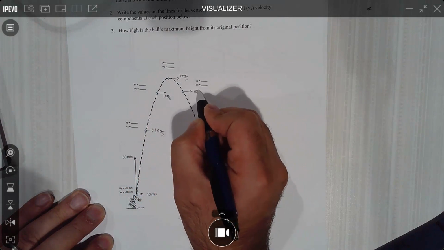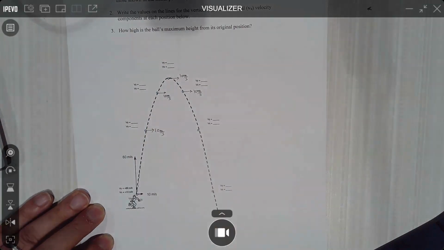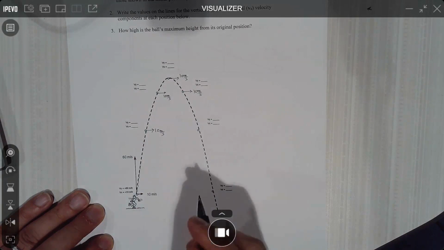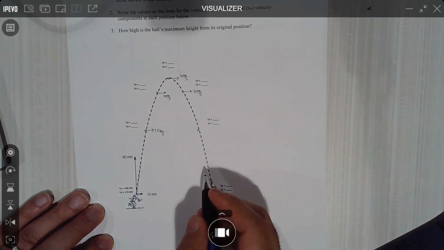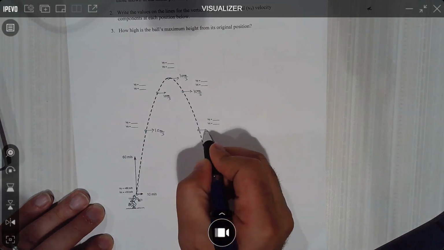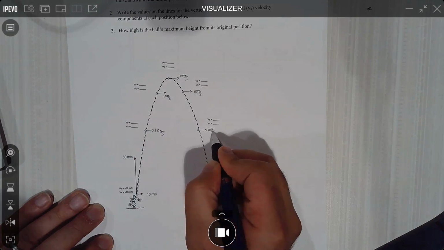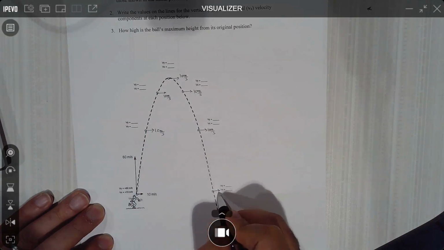You just need to draw exactly the same size. If it were a different size, your instructor would probably deduct some points. When you are drawing, you should draw the exact same length.